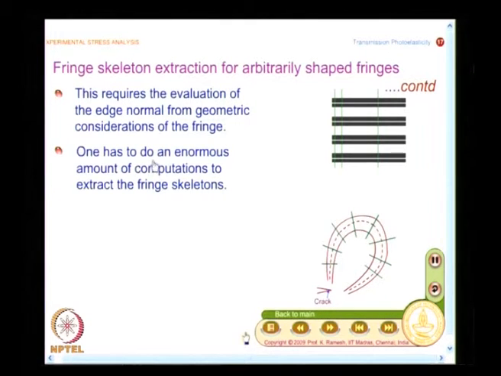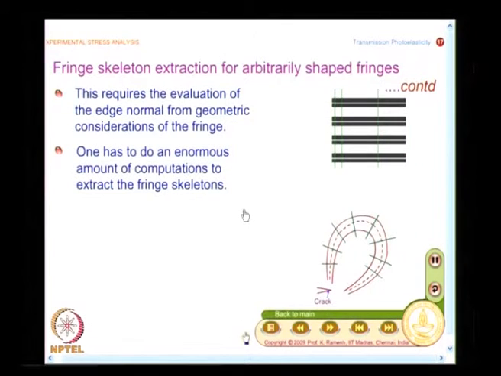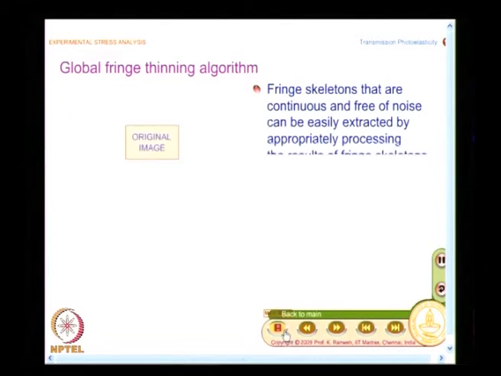The key point is that one has to do an enormous amount of computation to extract the fringe skeletons, because we have to find the edge normal from geometric considerations of the fringe. This could be greatly simplified if you adopt a scheme which employs logical operators, which took sufficient time for us to develop and which is very fast, and that is what we will look at.